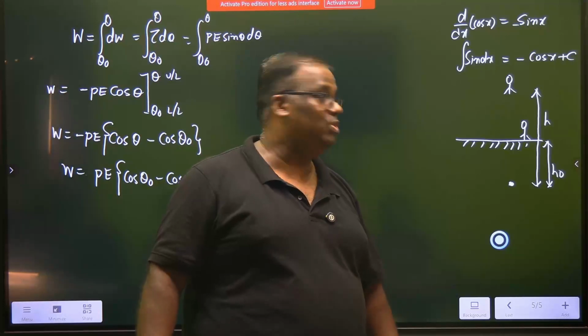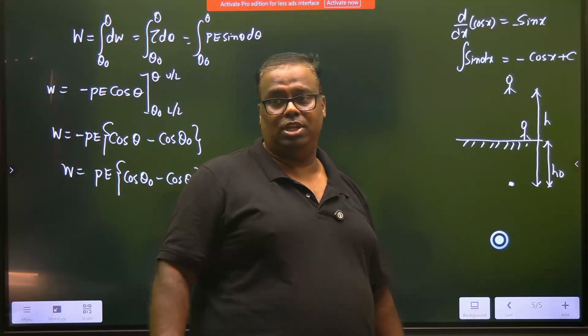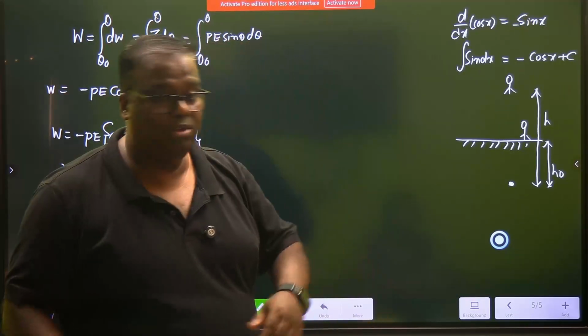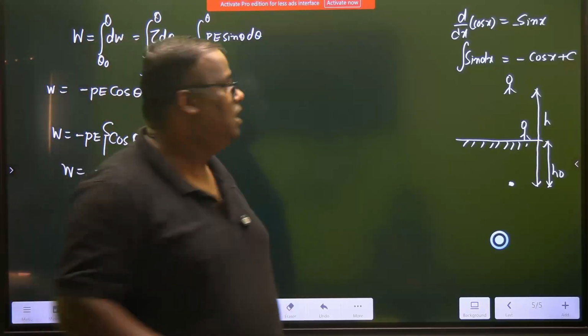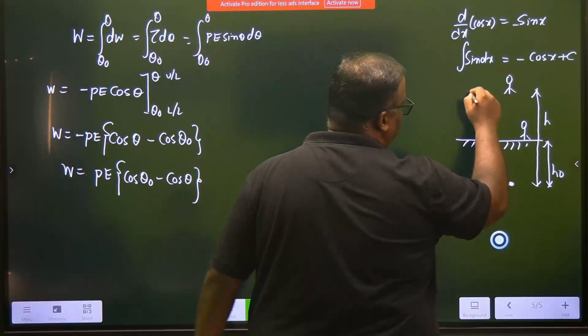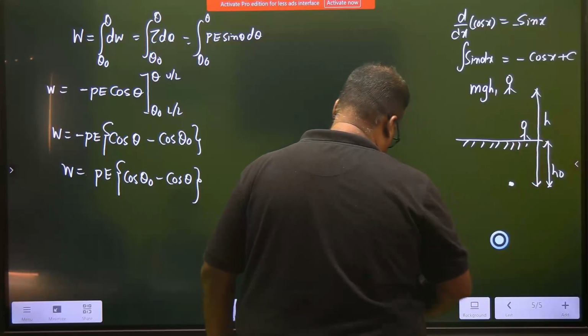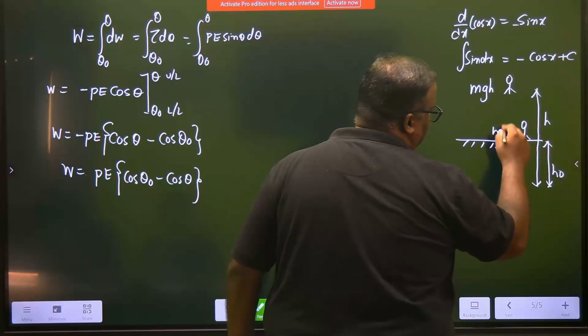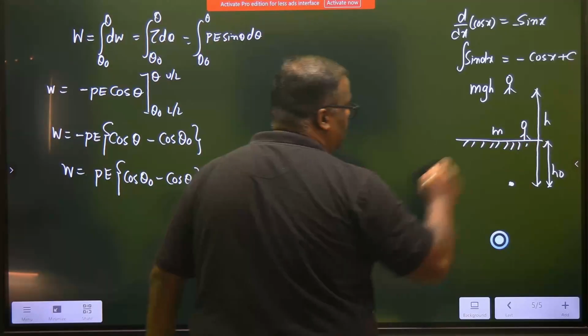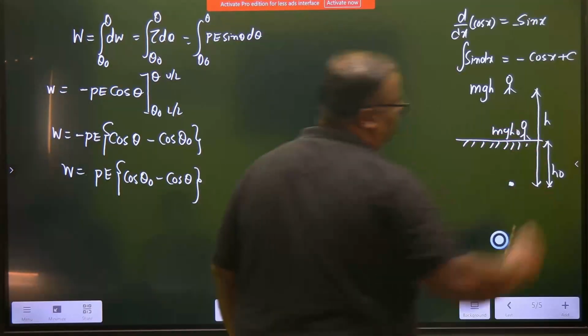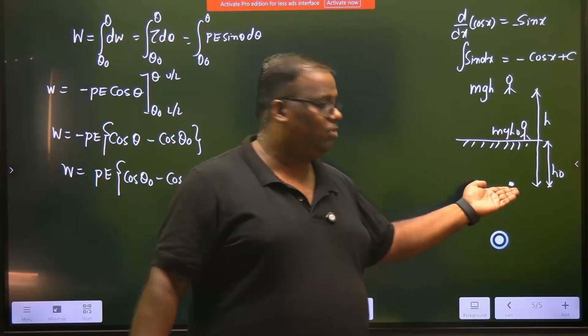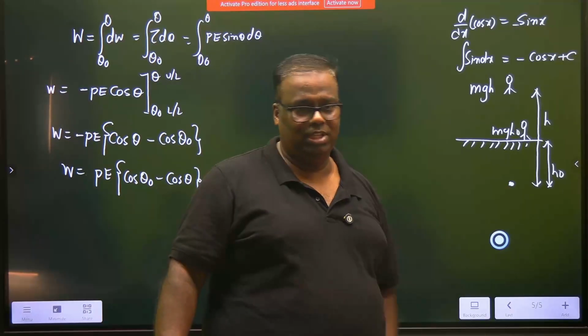You will say, sir, we can't calculate potential energy. We can only calculate potential energy difference. So what is the difference of potential energy? Here it is mgh, and here the potential energy is mgh0. Where are you measuring it? From some absolute point, that is the center of the earth.